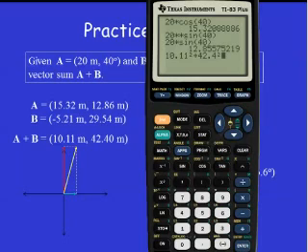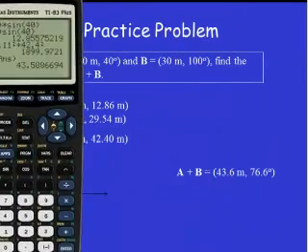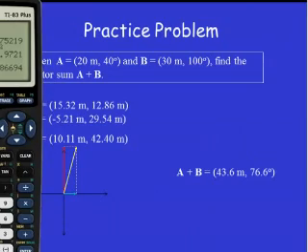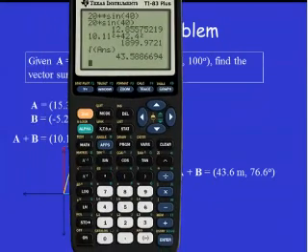I'm going to add those together. And now I need the square root of that. And I get 43.6. So that's the magnitude, 43.6 meters.